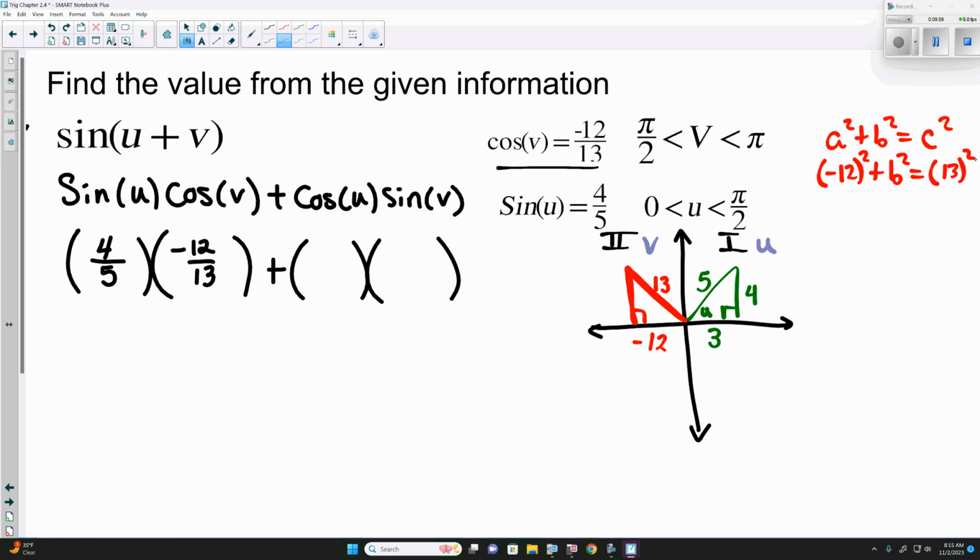I can continue solving it with squares and go from there. What we could say is I'm just going to minus negative 12 squared from both sides, telling me b squared is equal to 13 squared minus negative 12 squared, square root both sides, and just plug that in.